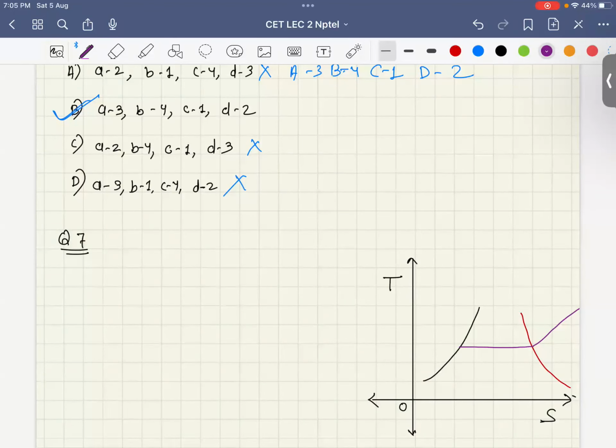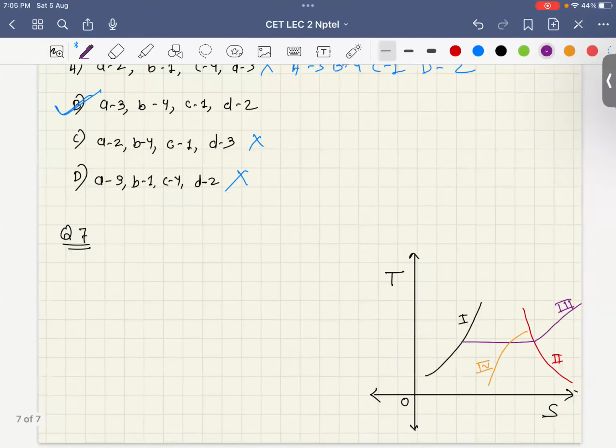Like this. The last one is like this. So this is number 4. This is number 1. This is number 2, and this is number 3.